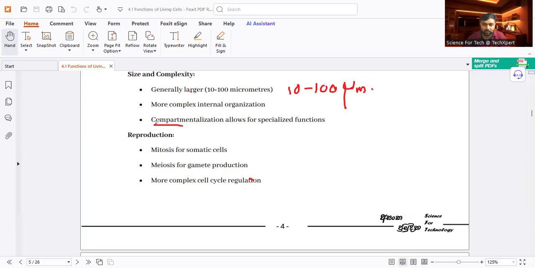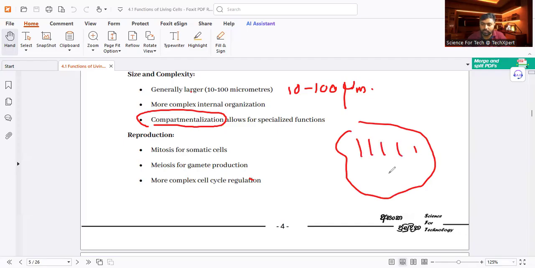Compartmentalization. That means within a cell, specific regions are allocated for specific functions. That is compartmentalization. Compartment means a specific area.